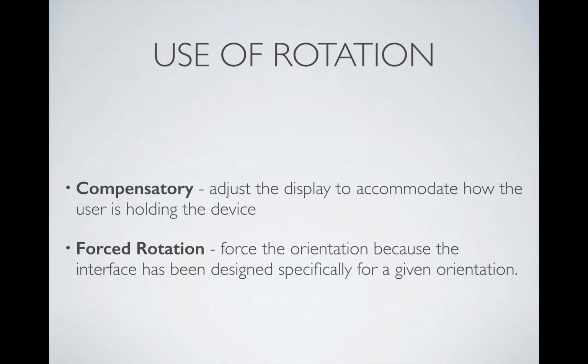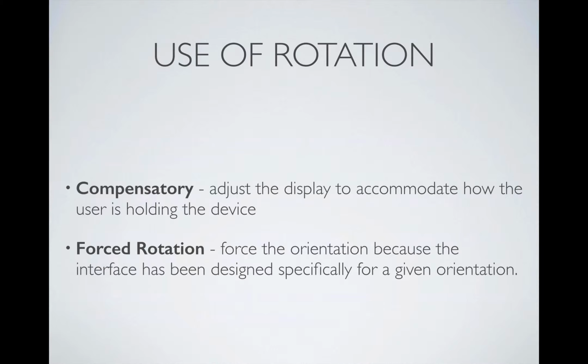So when we think about the use of rotation, there's a couple of different scenarios. There's what we call compensatory. And what that means is when the user changes the orientation of how they're holding that device, we might want to accommodate them. We may not. We may decide as programmers there would be absolutely no sense in showing this particular interface in portrait, for example, and force it to landscape.